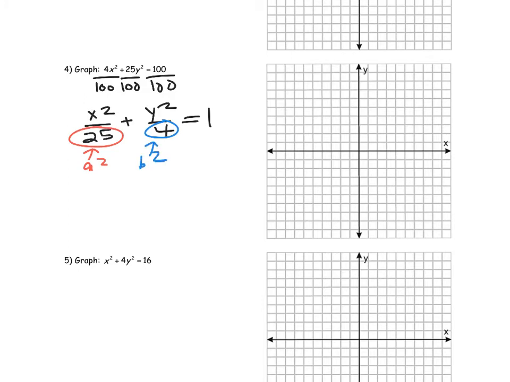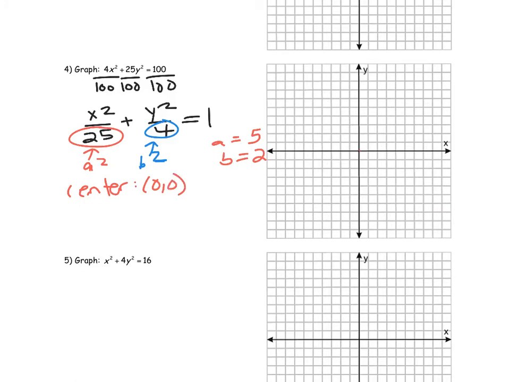Okay, so then I know a equals 5, b equals 2. So my major axis will be horizontal, my minor axis will be vertical. We also know that this is centered, so the center is at 0, 0.